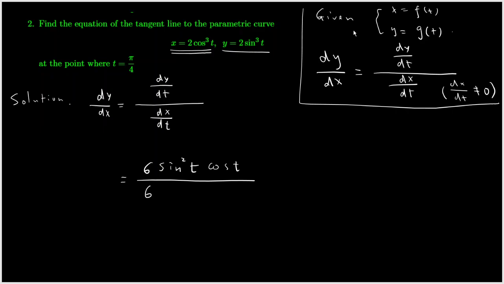To differentiate dx over dt, you choose u to be cos of t, right? So you have 6 times cos of t squared. And then you differentiate cos of t, you have negative sine of t. Okay. If you have trouble with this, review the chain rule.